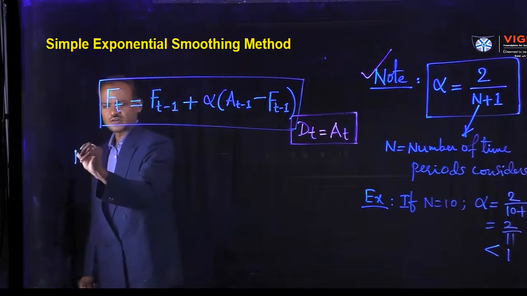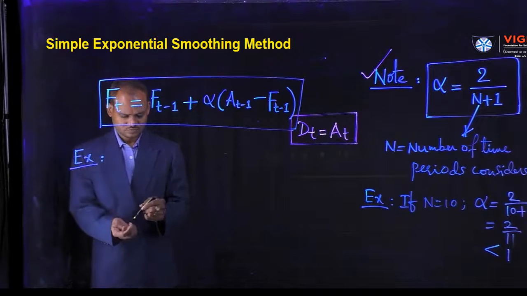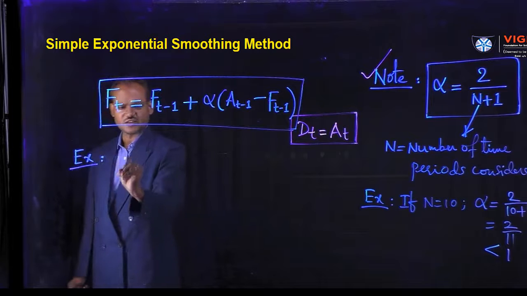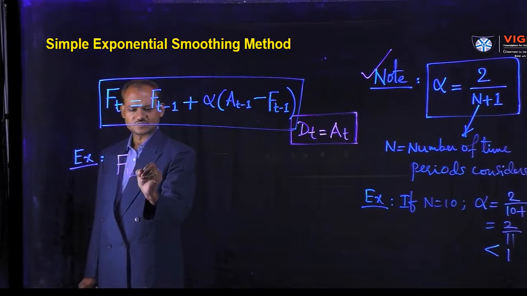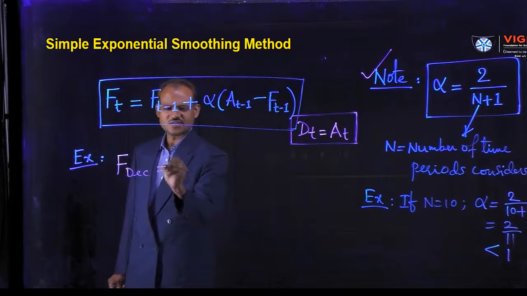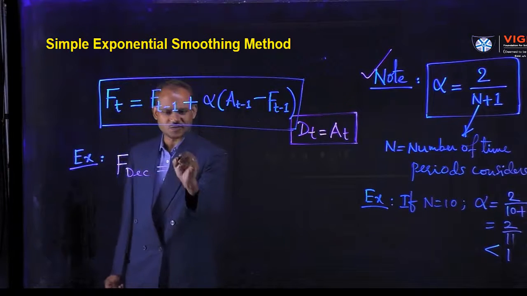For example, I can take one example. We are going to forecast for a future period. Here the future period may be December. Assume. So forecast for December is forecast for the previous period, that means November.